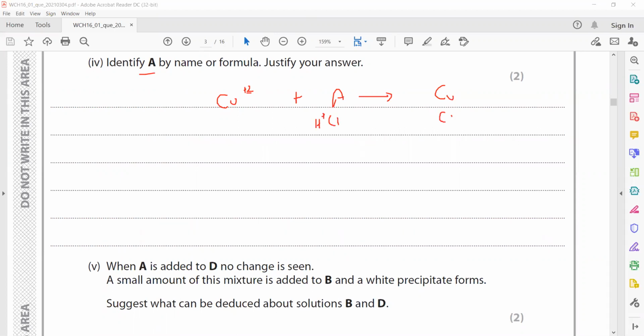It shows that tetrachlorocuprate is formed. That's why it was turning. So the identity of A is the acid, HCl, and because a yellow solution formed with the copper complex.